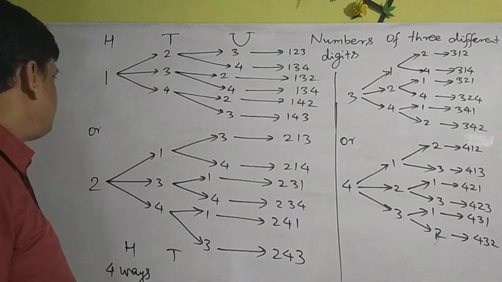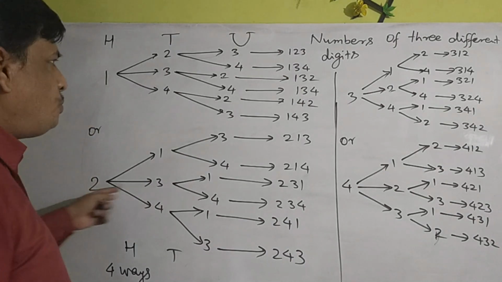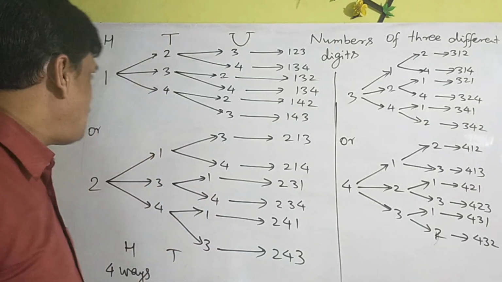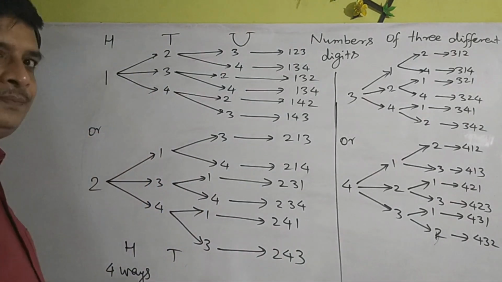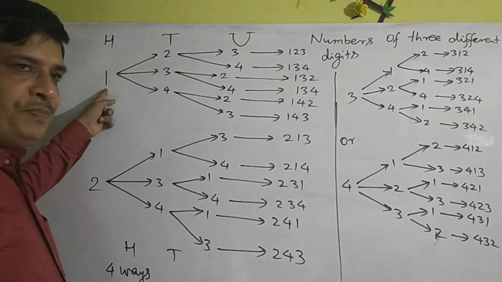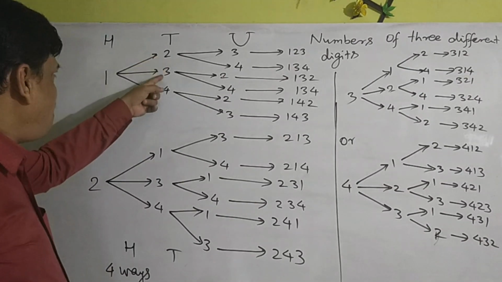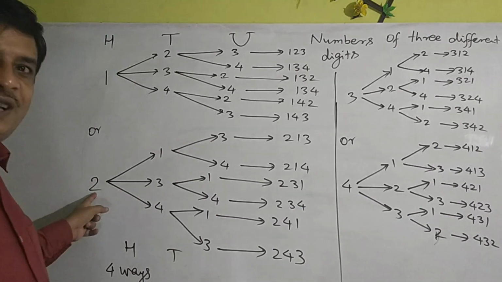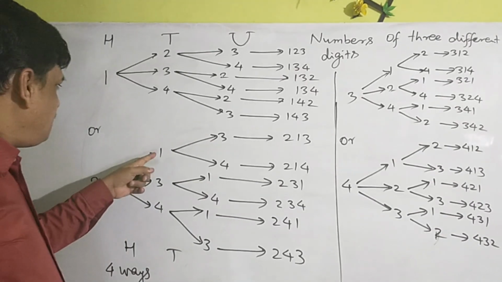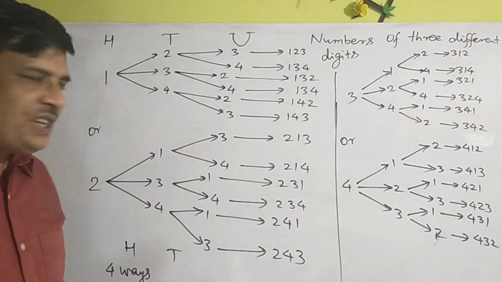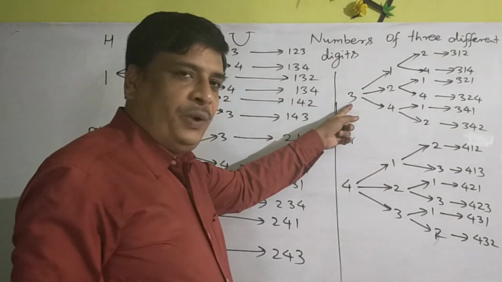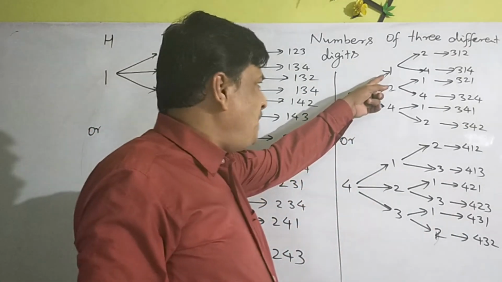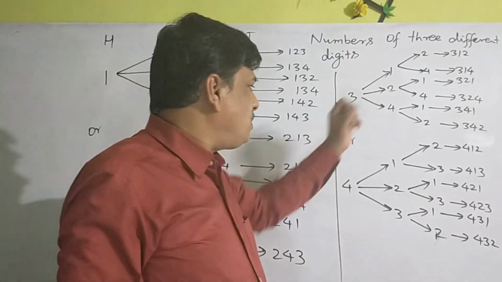100 place can be filled up by 1 or 2 or 3 or 4, meaning 4 choices for 100 place. For each choice of 100, when we take at 100 place 1, these 3 are the options for tens place. When we take 2 for the 100, there are 3 choices for the tens place. When at 100 place 3 is taken, at tens place we can take 1 or 2 or 4.